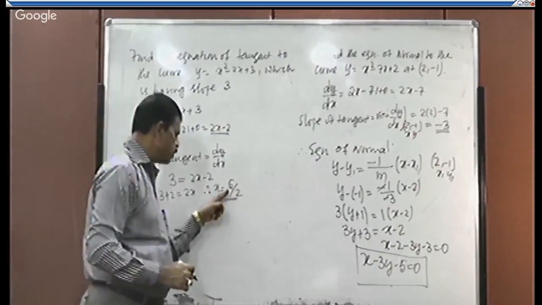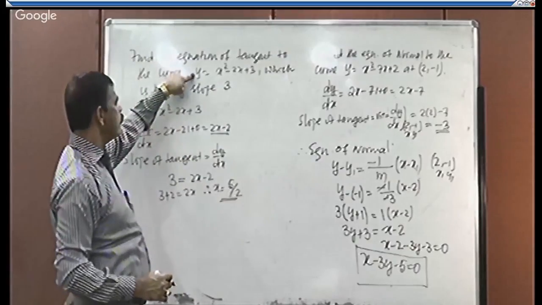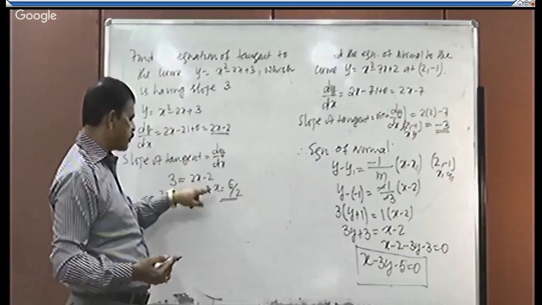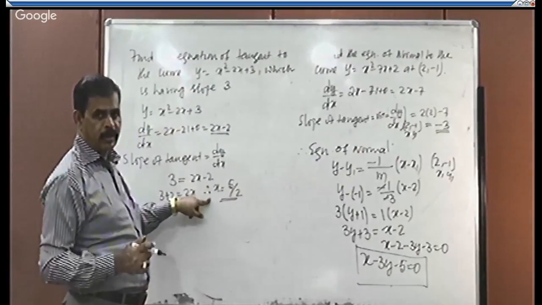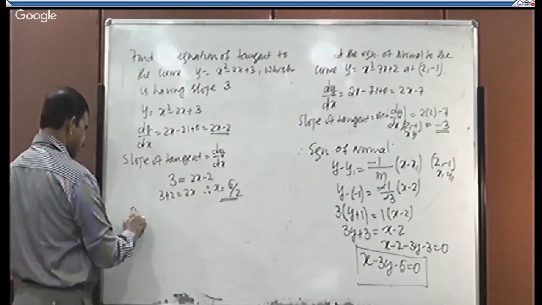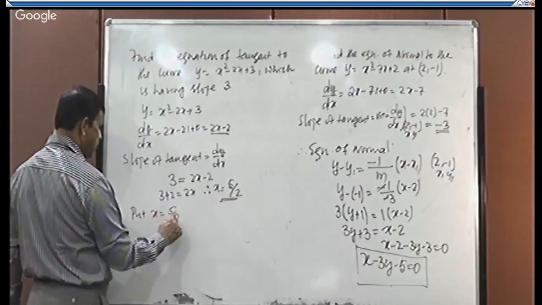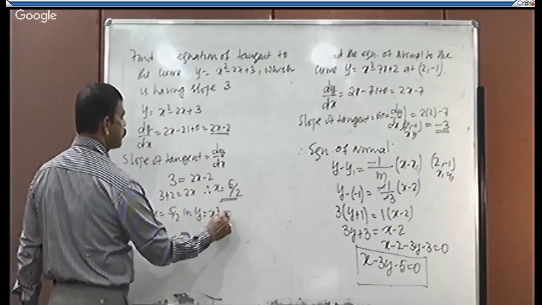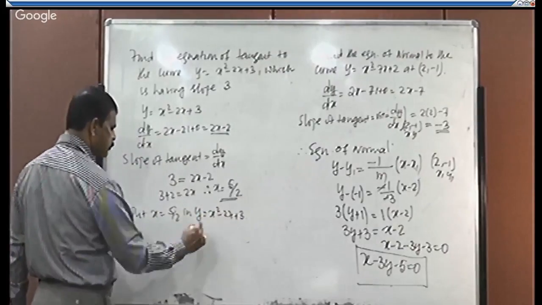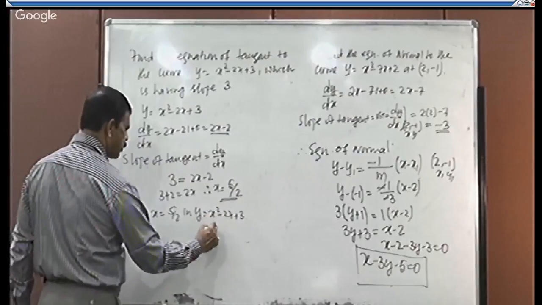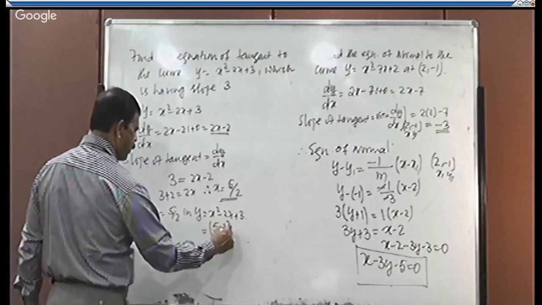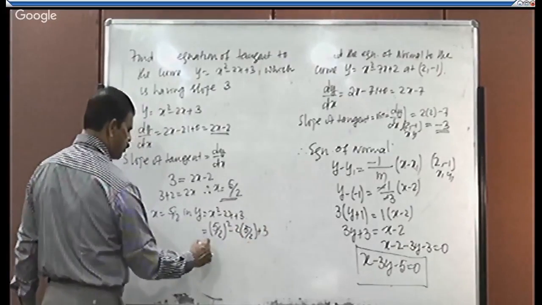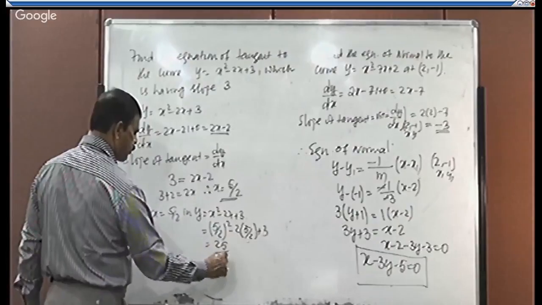Take this x value and substitute in the given function y, definitely you will get y. So that y and this x become the passing point, right? Put x is equal to 5 by 2 in y. Y is equal to x square minus 2x plus 3, that is 5 by 2 square minus 2 into 5 by 2 plus 3. 5 square is 25, 2 square is 4.